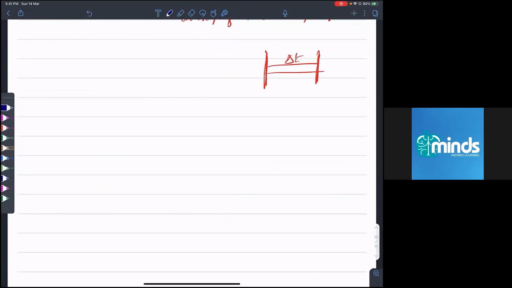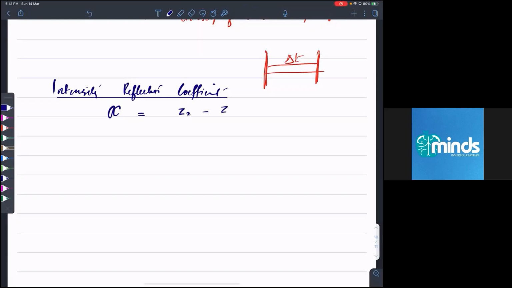Now, if we talk about the intensity reflection coefficient, it is given by Z2 minus Z1 whole square divided by Z1 plus Z2 whole square.